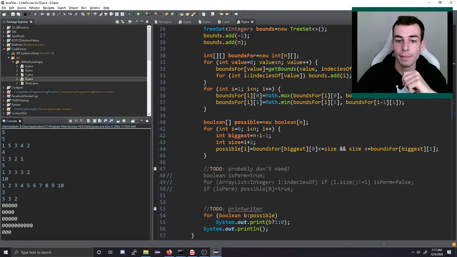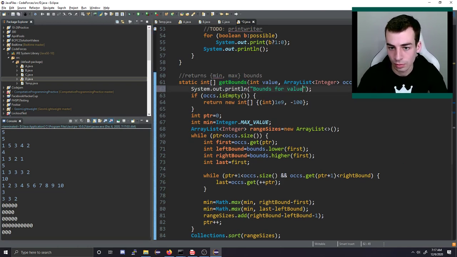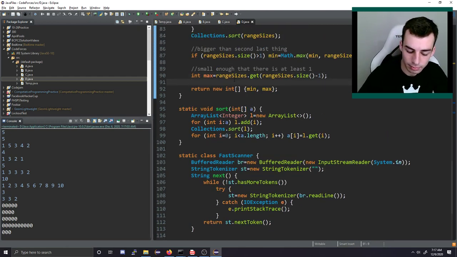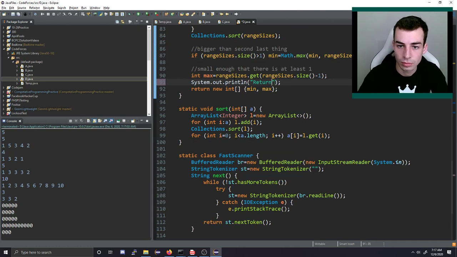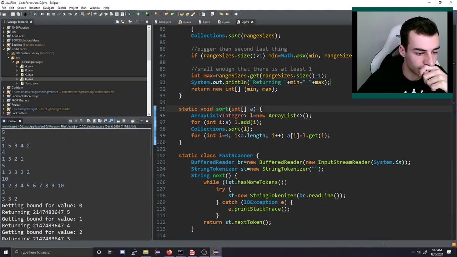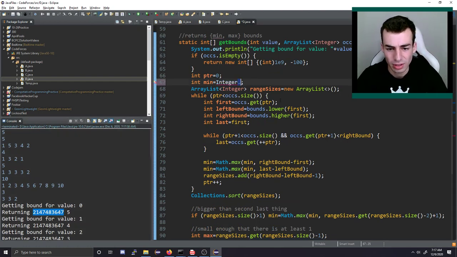So, let's print what these are. Min, injured, wait, what?